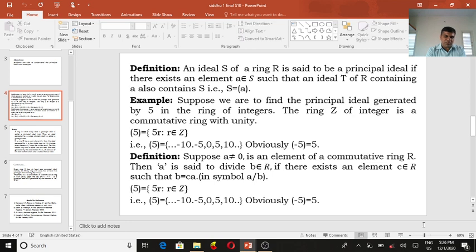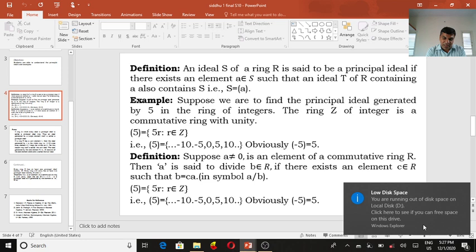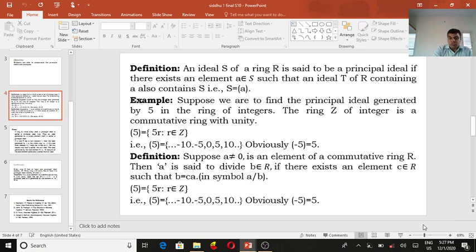Minus 9, minus 6, minus 3, 0, 3, 6, 9, etc. This 3Z is also a subset of Z, but here 3 is the generator, and we multiply 3 by every element of Z. So the ideal generated by 5 is the set of all 5r, where r belongs to Z: minus 10, minus 5, 0, 5, 10, and so on. Obviously, minus 5 times minus 1 will be 5.